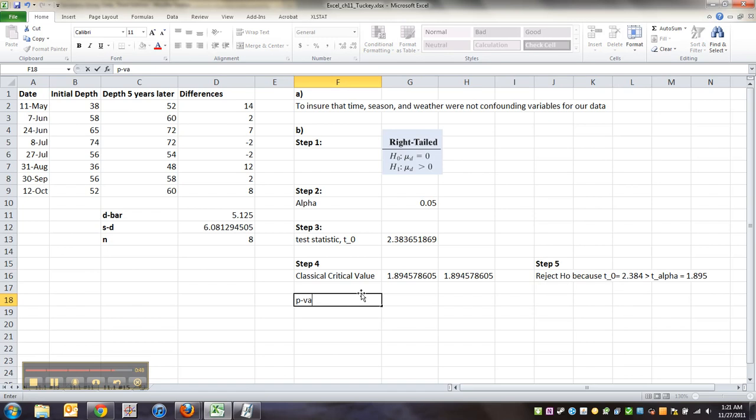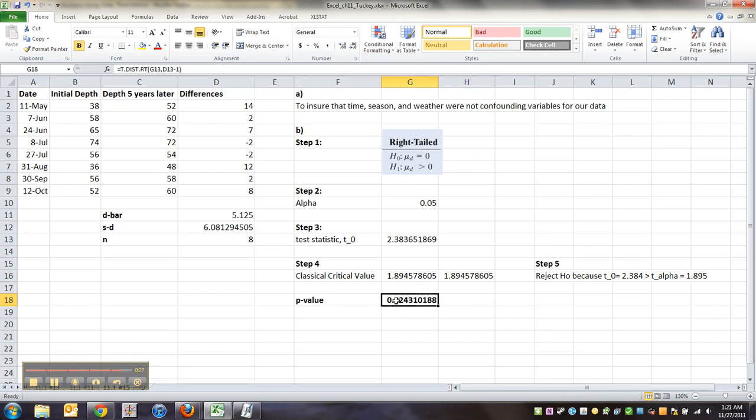What about the p-value way? That's equal to T dot dist dot RT, because it's right-tailed, see? Test statistic, comma, degrees of freedom, 8 minus 1, enter. There's your p-value.